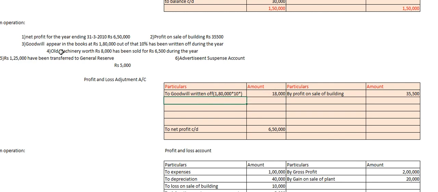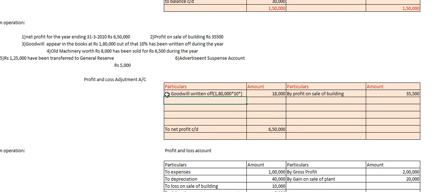Next, old machinery worth rupees 8,000 has been sold for rupees 6,500 during the year. There was an old machine which was worth 8,000 and it has been sold for 6,500. The value is 8,000 but it has been sold for 6,500. So out of the sale, are we getting a profit or loss? So 8,000 minus 6,500, which is a loss. How much is the loss? Loss amount is 1,500.